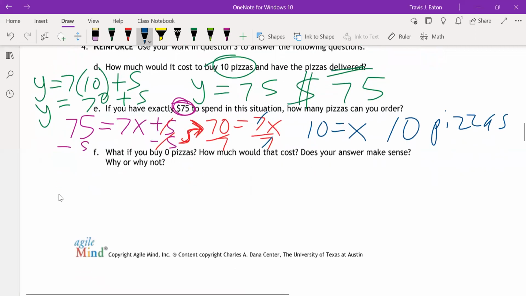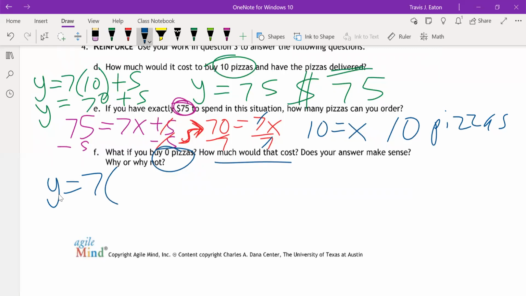Now, question F is a fantastic question. What if you want to buy 0 pizzas? How much would that cost? Well, let's find out. The total cost is equal to 7 multiplied by the number of pizzas, which is 0, plus 5. Right?